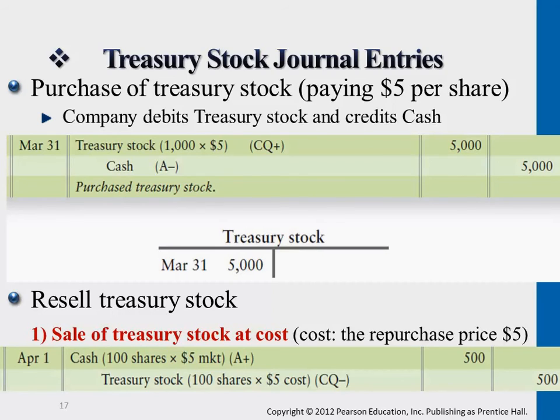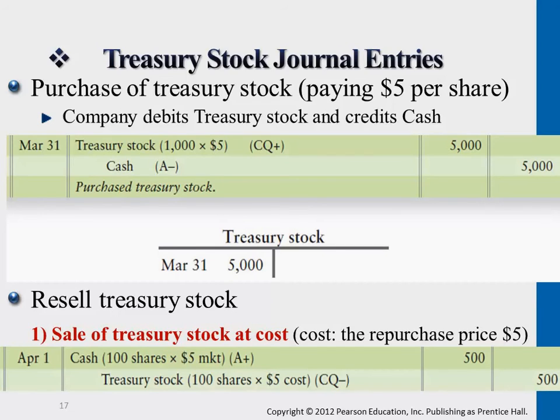We're basically just reversing what we did earlier. The first entry is buying back the stock. The second entry is reselling it back to the market at the same price, $5. So in this case, there's no premium to the transaction.